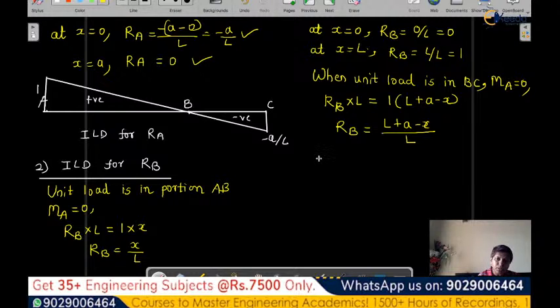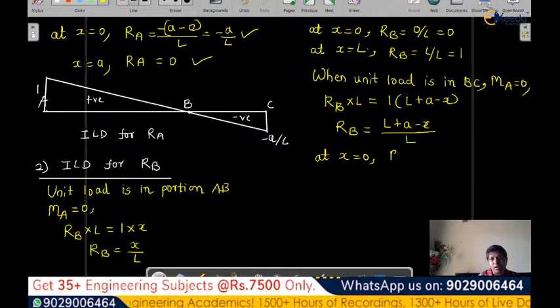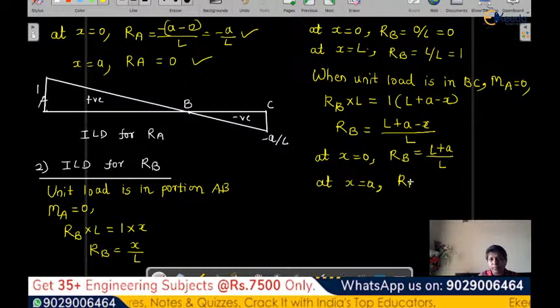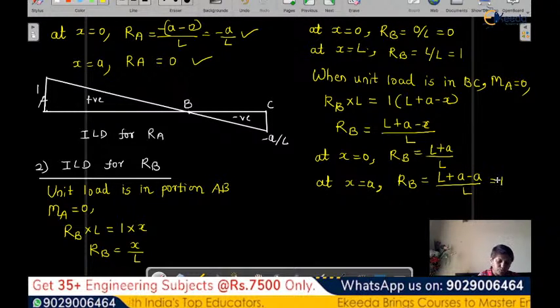Now again we'll put the limits. At X equal to 0, when you put X equal to 0 here, RB will be L plus A by L. And when X equal to A, when we substitute, RB is equal to 1.